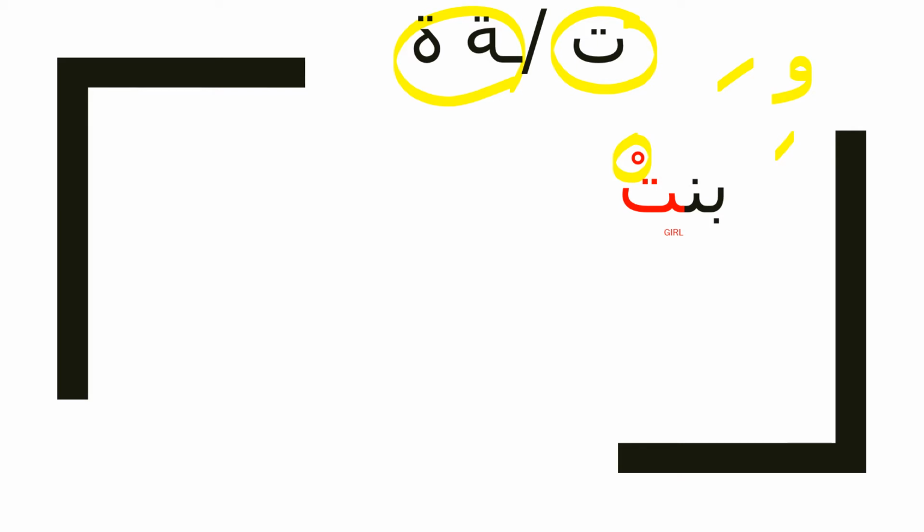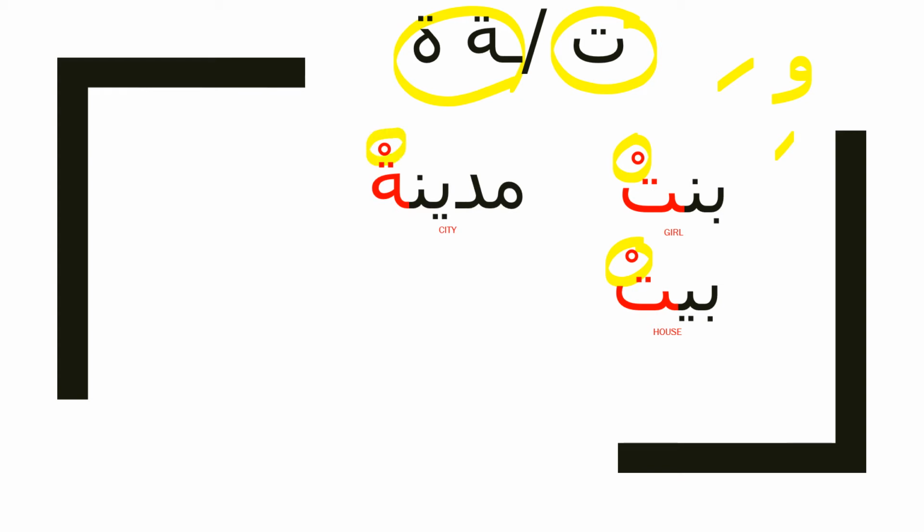Bint. If you hear ta, that means it's open ta. Bait. Again, write the noun and add sukoon. Medina. Pronounce it as a singular noun so you can distinguish whether it's open ta or Ta Marbuta.